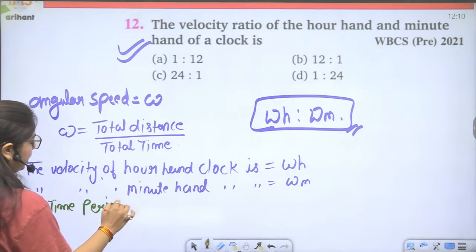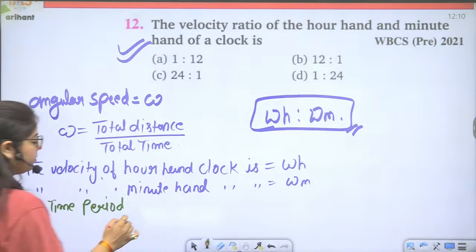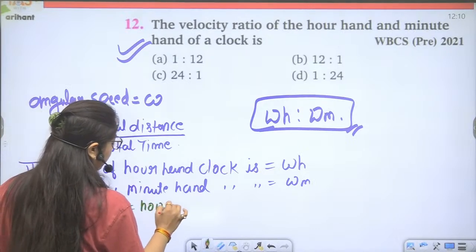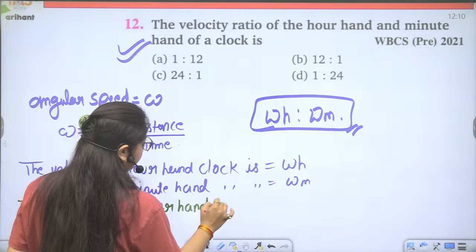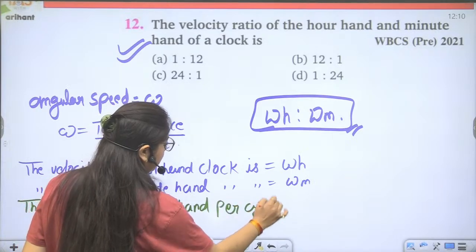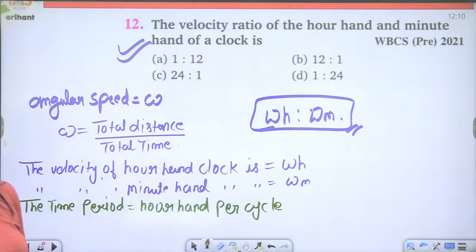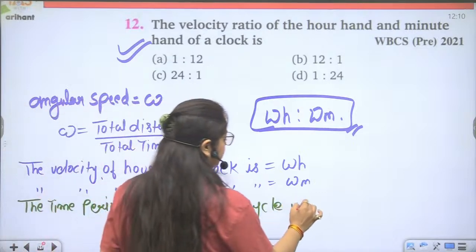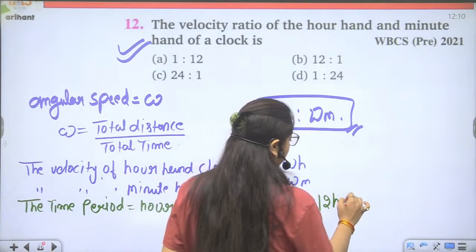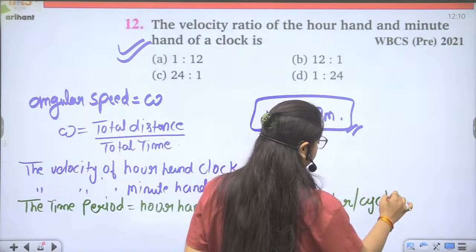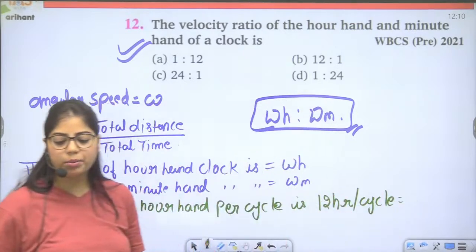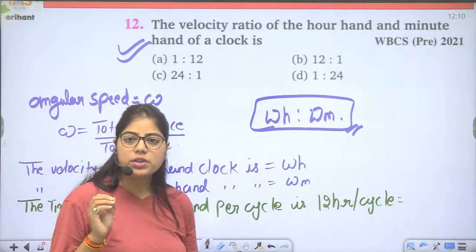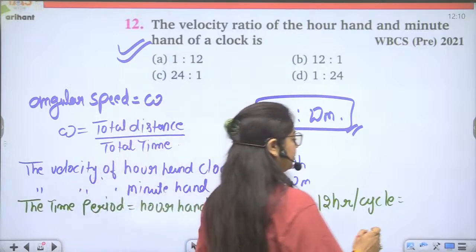The time period of the hour hand per cycle is 12 hours per cycle, which is equal to 12 into 60 minutes per cycle.